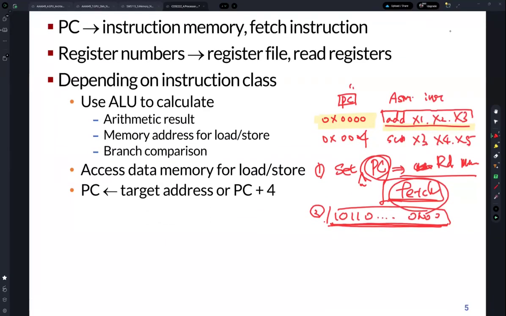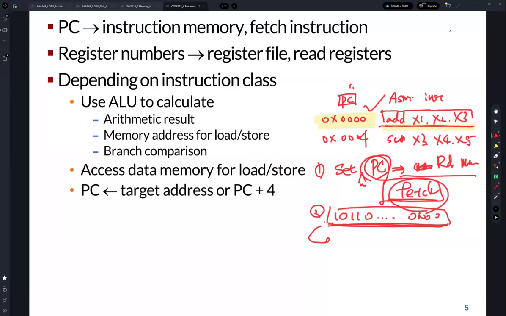In order to figure out this instruction format, a processor needs to analyze or translate the machine code.